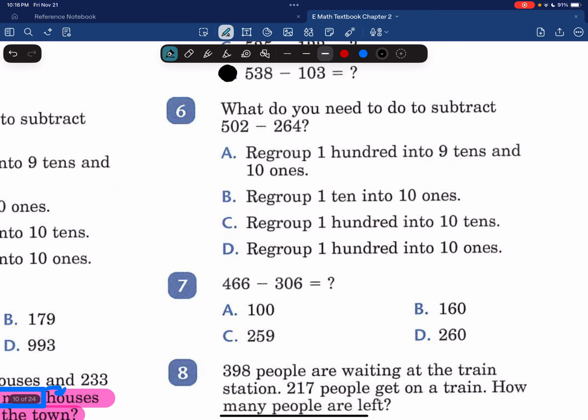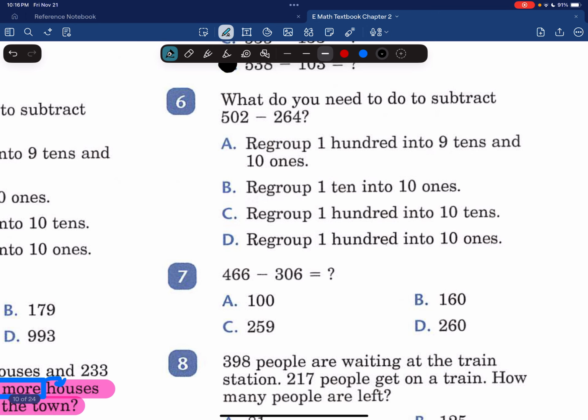Number 6. What do you need to do to subtract 502 minus 264? So I'm going to use the algorithm and see what I need to do. I cannot take 4 from 2, but there is nothing in the tens column to pull, so I'll have to go all the way to the hundreds.